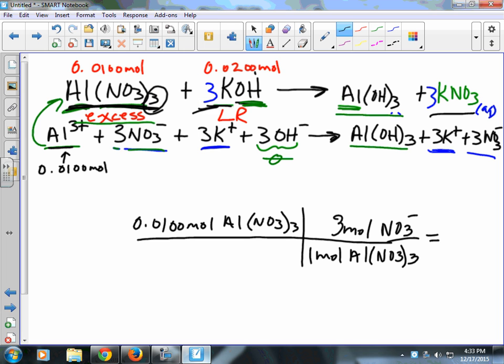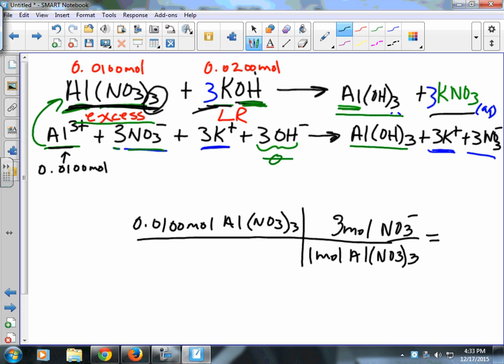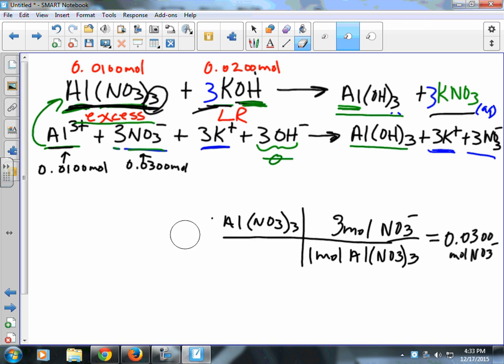So we multiply that. And that gives us 0.03 moles of nitrate ion in solution. So I'm going to write that up here. So we start with 0.03 moles of nitrate. Okay, doing the same thing for potassium.